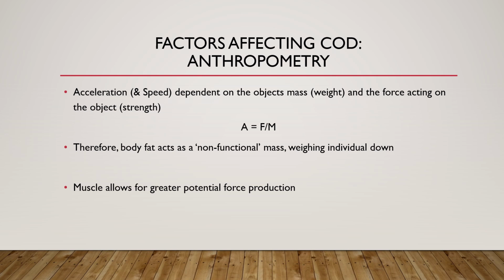So a higher relative muscle mass compared to body fat will significantly improve someone's ability to change direction effectively. It's not necessarily guaranteed. There's a number of other factors that play into this, but if someone is carrying excess weight and it's excess fat, then that's not going to have a positive impact on change of direction ability.